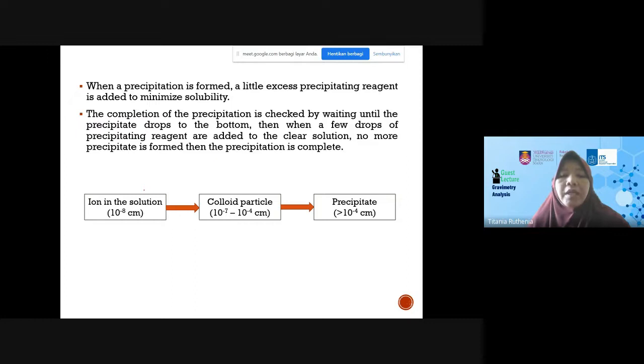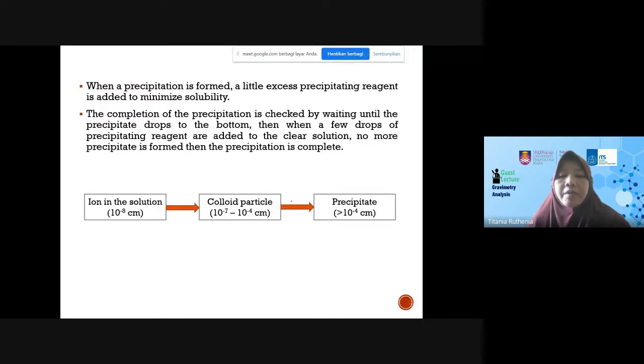So this is the diagram of the formation. This is the ions in the solution. The first one, the solution, when it is cloudy, the size is around 10 to the minus 8 centimeters. And then if it forms a nucleus, or forms colloidal particles, the size will be around 10 to the minus 7 to 10 to the minus 4 centimeters.